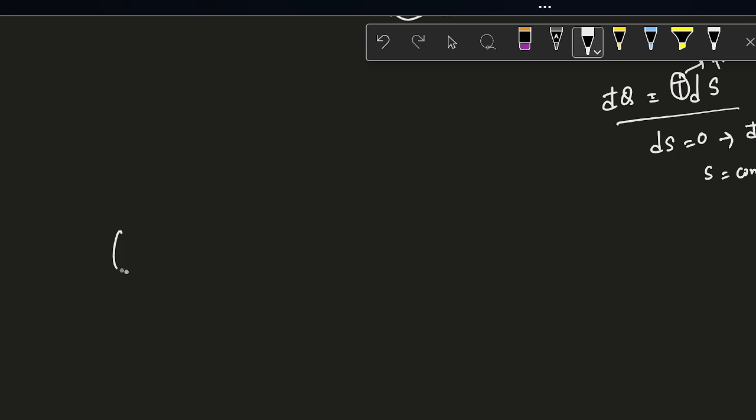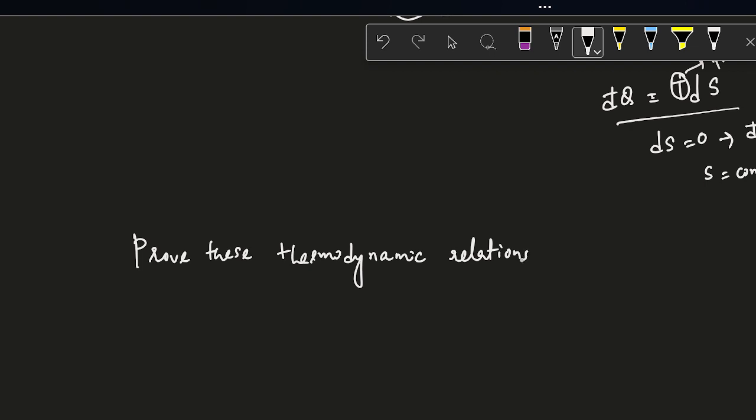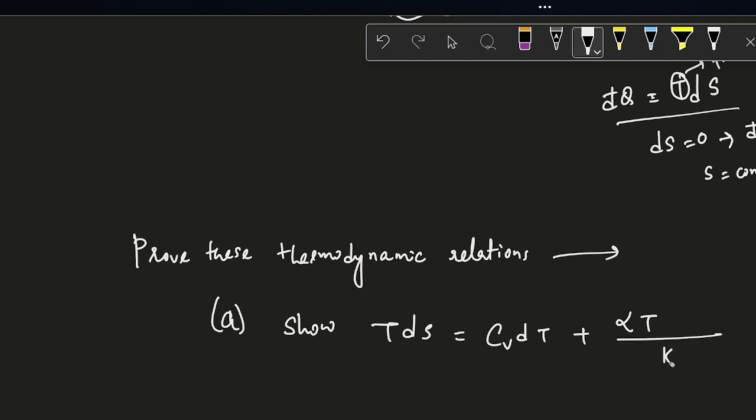And the thermodynamic relations you are going to prove are these. Number A is show TdS equals CV dT plus alpha T by KT dV.